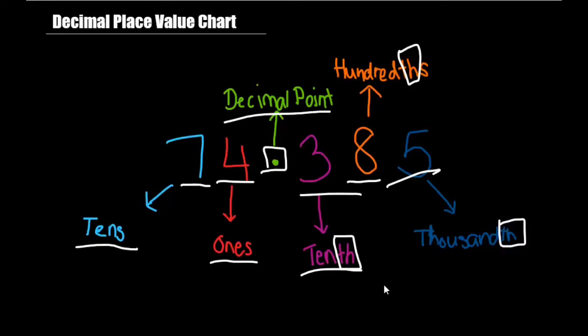If you're wondering why the place values after the decimal point have TH at the end, that is because they are smaller than a whole number. So, for example, we have 1. 1 is more than 0.5.